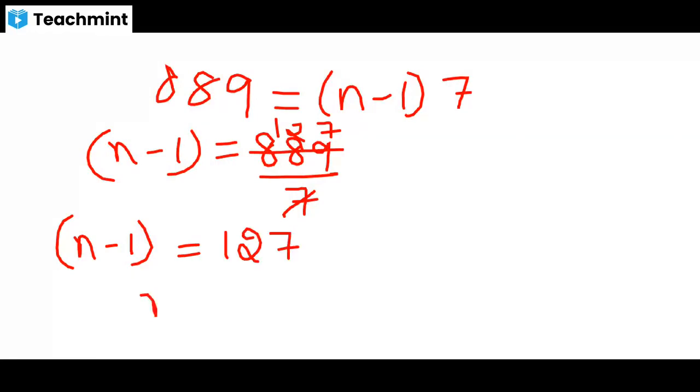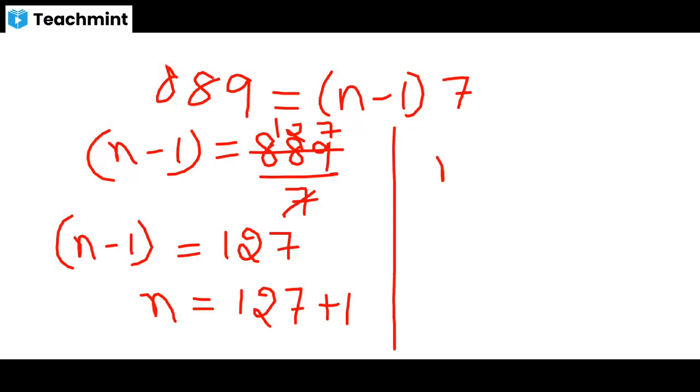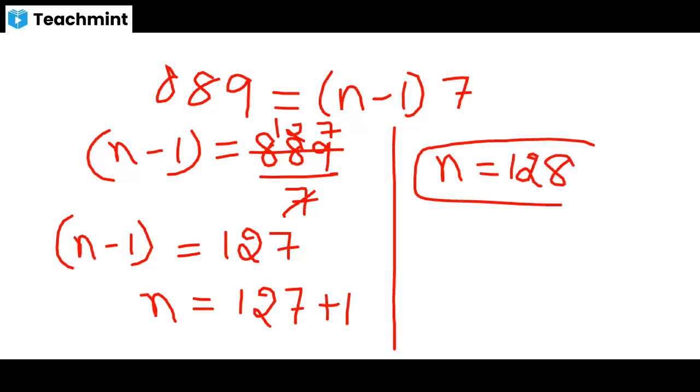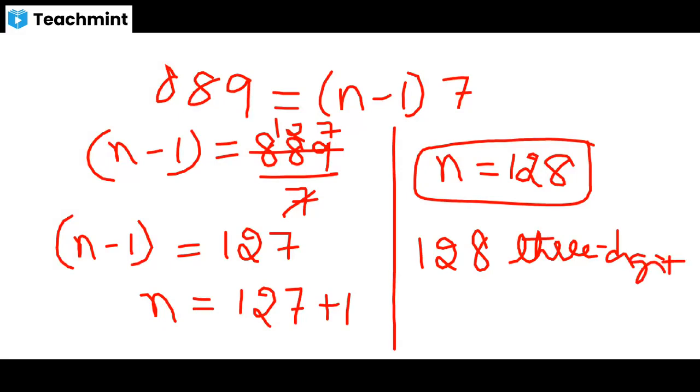The n value is 127 plus 1, so 128. So how many 3-digit numbers are divisible by 7? 128 3-digit numbers are divisible by 7.